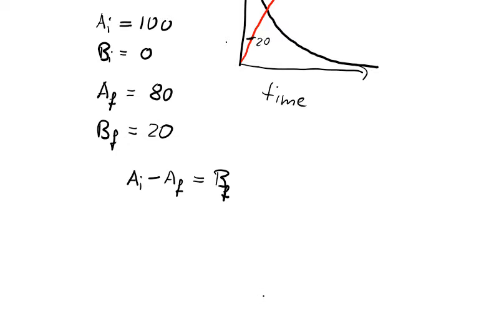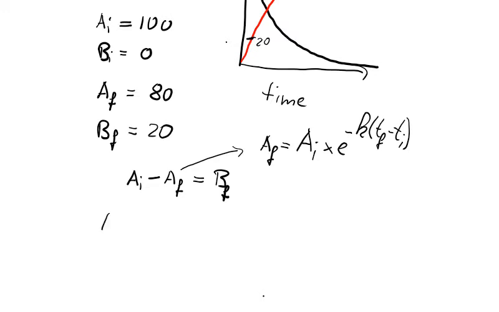And we know that A final equals A initial times e to the power of minus k times T final minus T initial. So all we need to do is plug that into this, our wonderful equation.